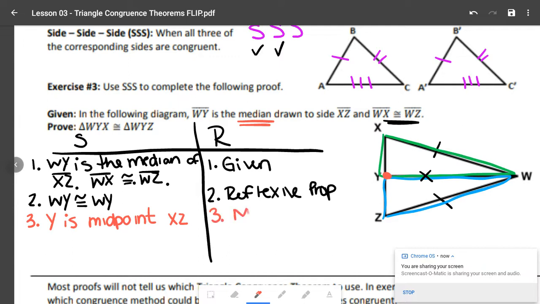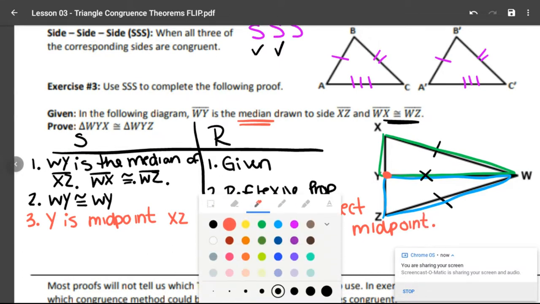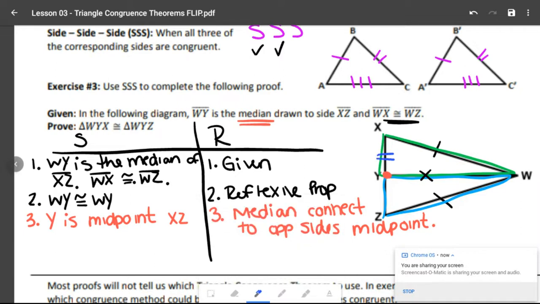Our reason is because a median connects to opposite sides' midpoint. And from the front as well, we should know that a midpoint will cut our sides in half here.